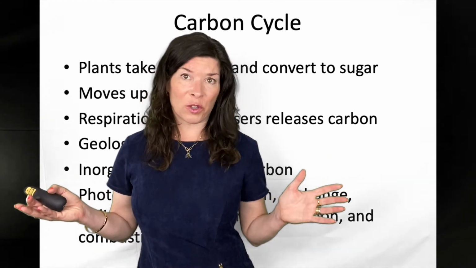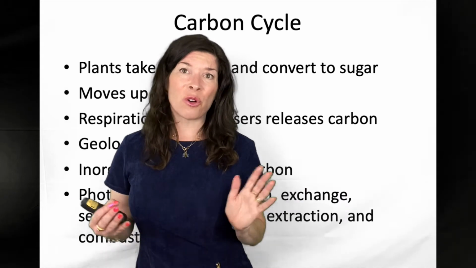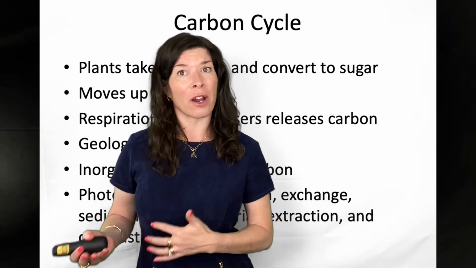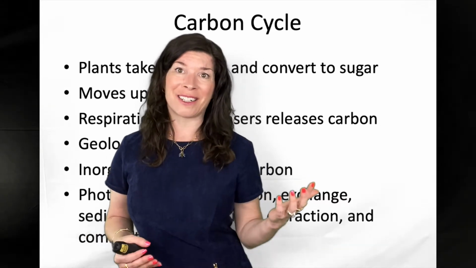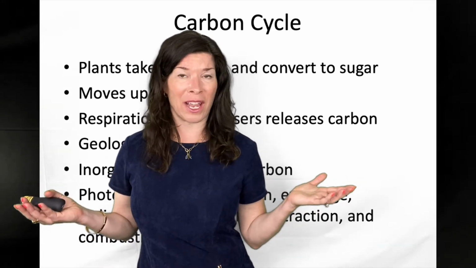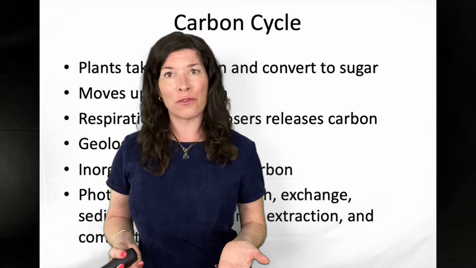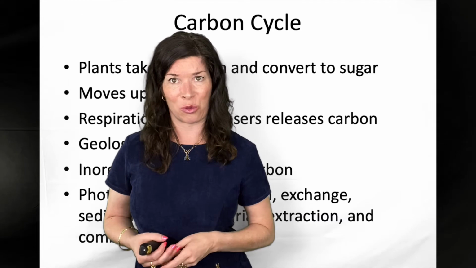The big picture of the carbon cycle is that photosynthesis and cellular respiration are interdependent processes. The products of one are the reactants of the other. And that's a fundamental way that carbon is going to cycle through ecosystems. But there are also a few other ways that carbon dioxide cycles through ecosystems.